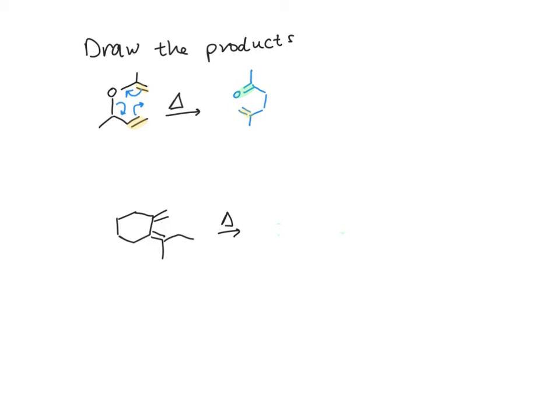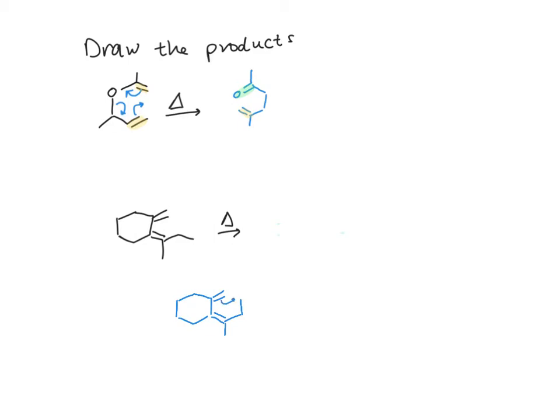Welcome back. Now this time we don't have our carbons in a cyclical arrangement, so we need to move our atoms around so we get this methyl group in position for our reaction.